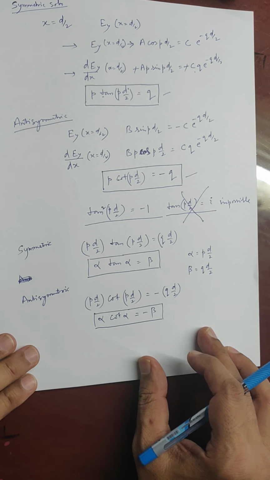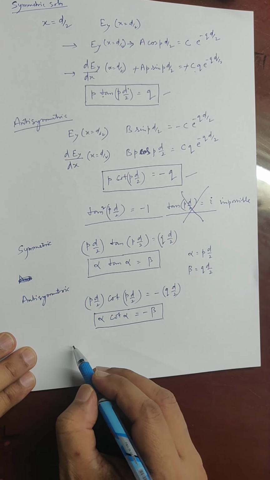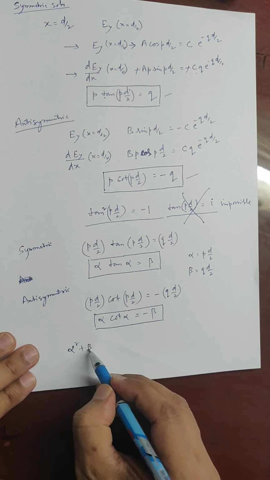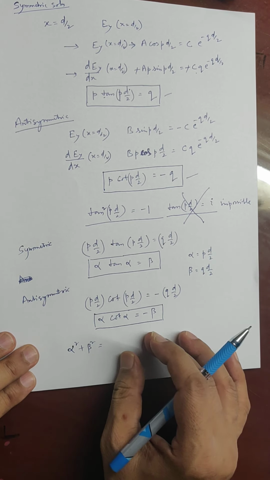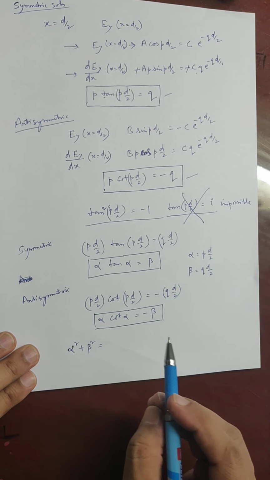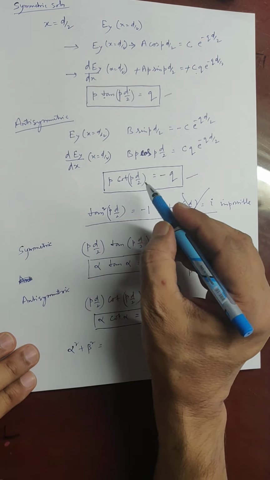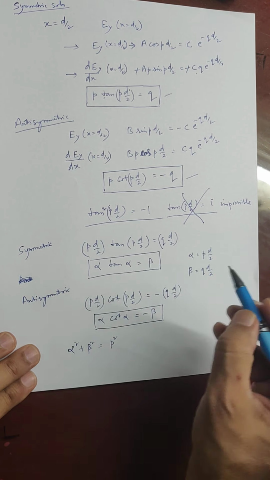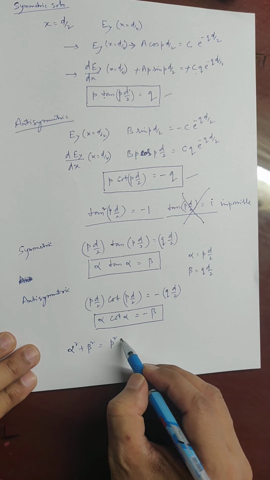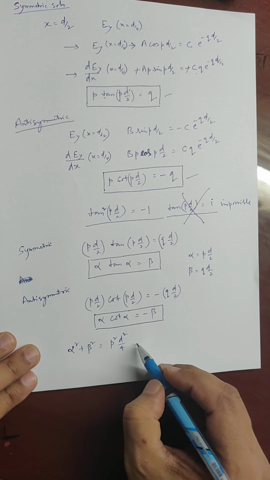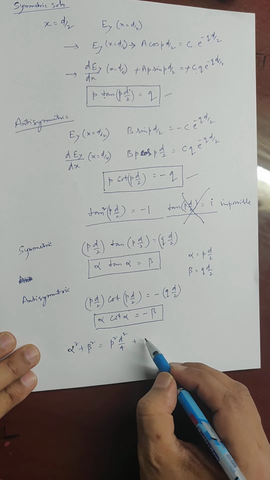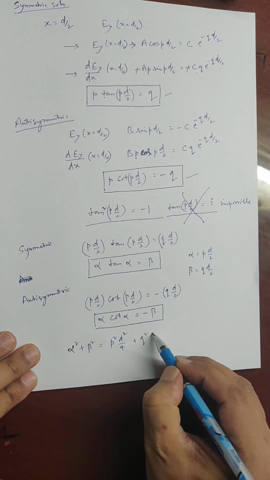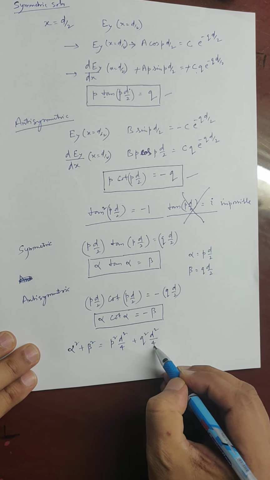We can also see that if you take alpha square plus beta square, now alpha square is how much? Alpha square is p square, alpha is p d by 2, so p square d square by 4, plus beta square is q square d square by 4.